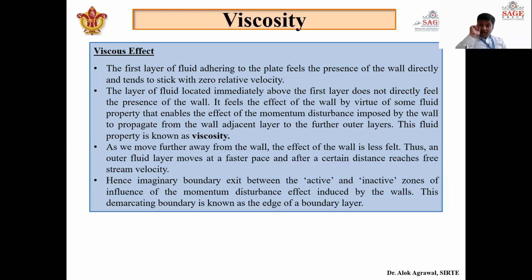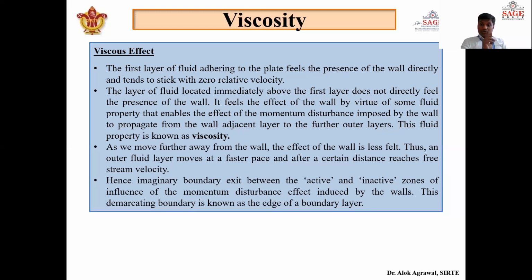Above that point, where the velocity of the fluid reaches the free stream velocity, is called the inactive zone, where the effect of the plate is not felt, and below that point, where there is a difference in velocity in each layer, is called the active zone, where the effect of the plate is felt.